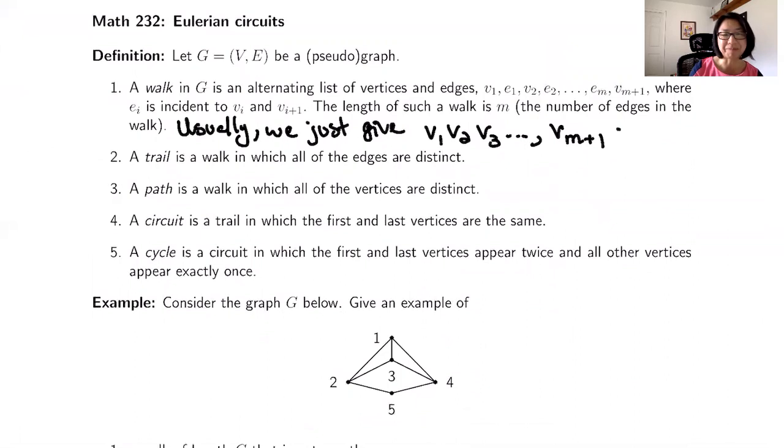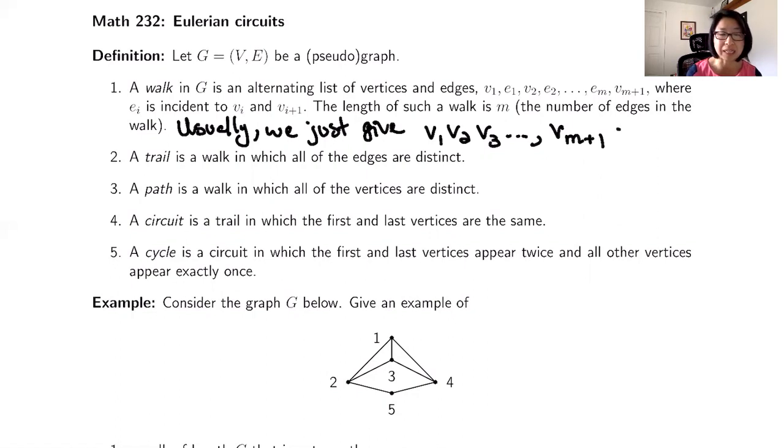There are lots of other things we can define that are more specific than walks. A trail is a walk in which all of the edges are distinct. Maybe I can take a walk that goes from A to B to C, back to B. So I could go back and forth along an edge, but a trail is a walk in which all of the edges are distinct. A path is a walk in which all of the vertices are distinct as well.